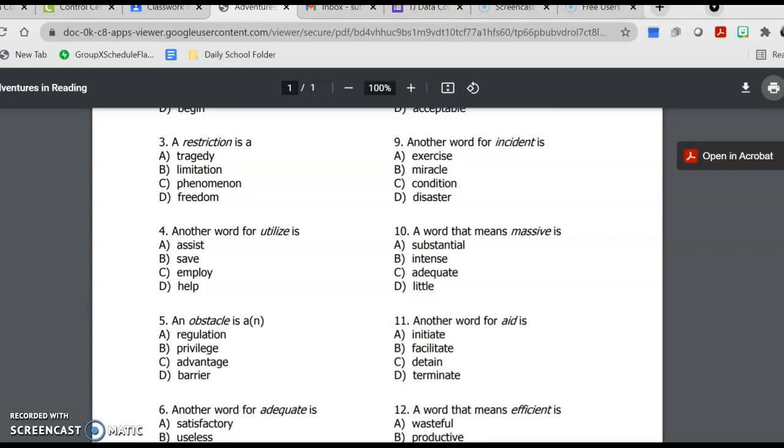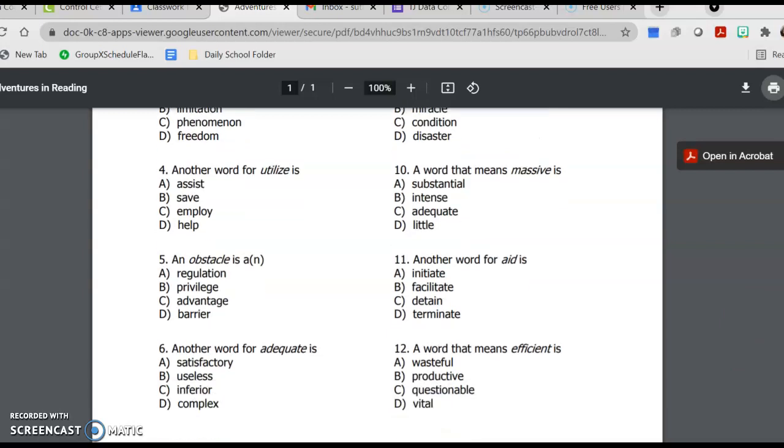Number 11, another word for aid is A, initiate, B, facilitate, C, detain, or D, terminate. And number 12, a word that means efficient is A, wasteful, B, productive, C, questionable, or D, vital.